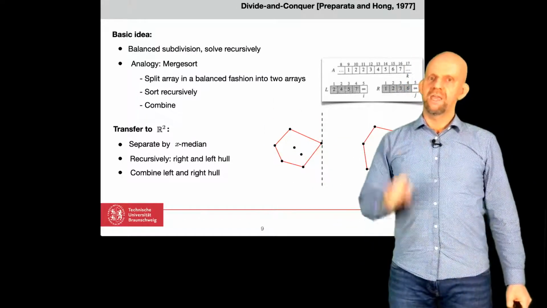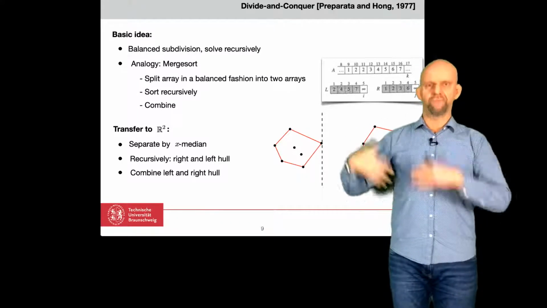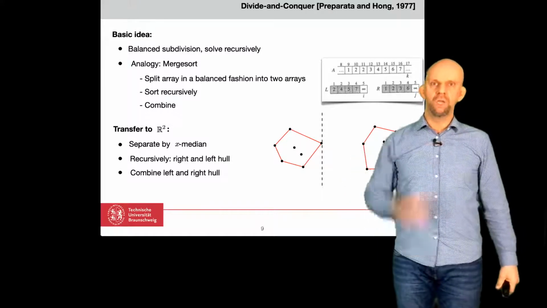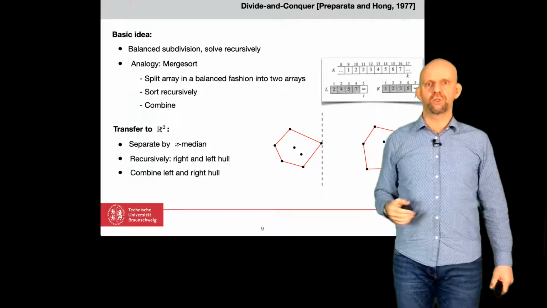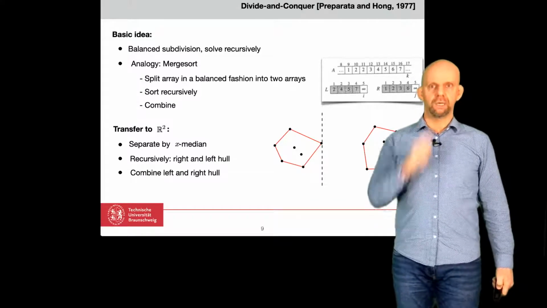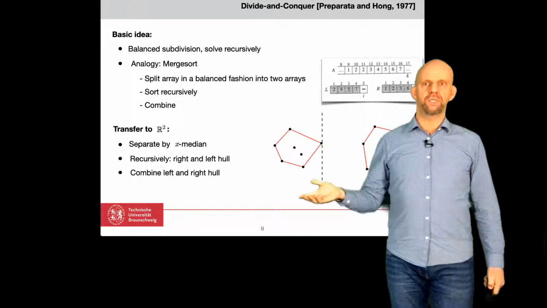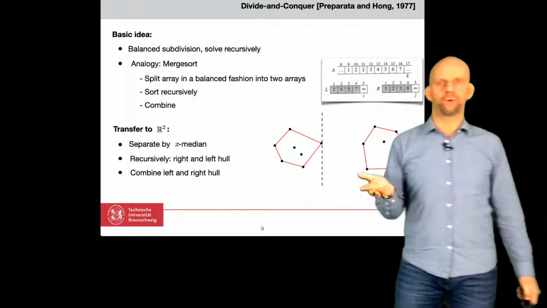That is something we'll do again today for closest pair. It's good to see several examples of this approach because it is really powerful and very natural for many of these problems. Getting these things right is, of course, the fundamental question here for divide and conquer, Preparata and Hong.